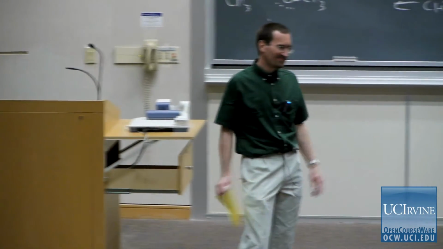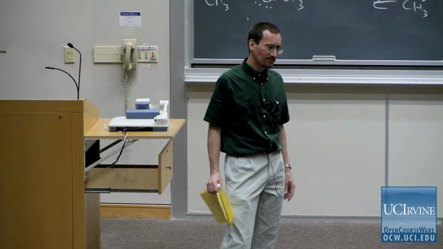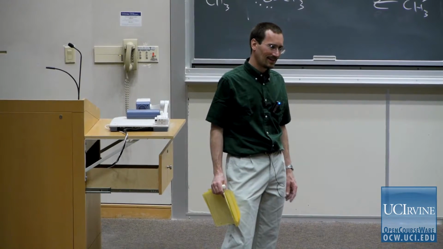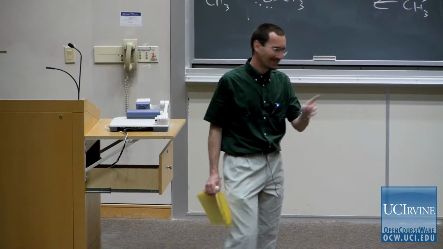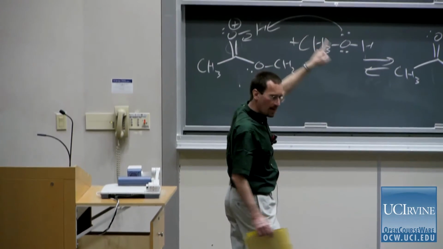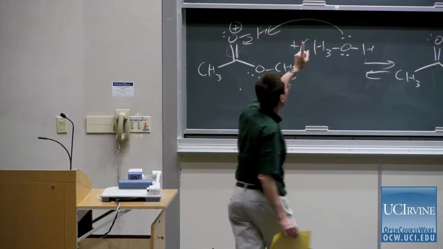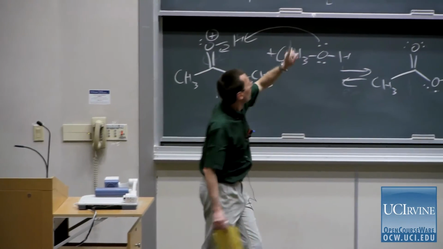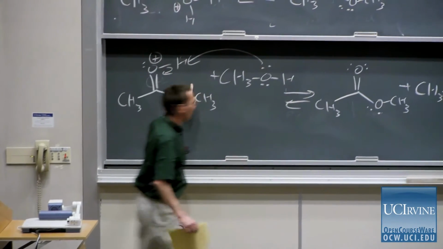Thoughts or questions? The acid has to protonate the CO double bond, the oxygen on top, because the nucleophile is a weak nucleophile. Which step? Oh, sorry. The first step on the bottom of the chalkboard. Oh.